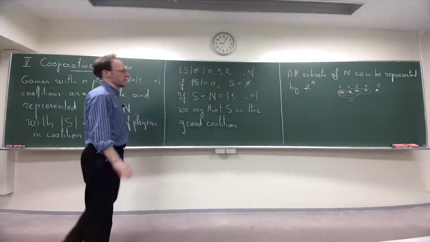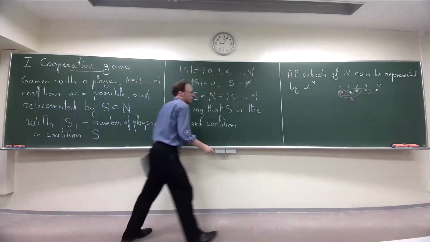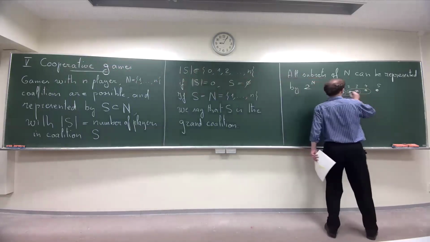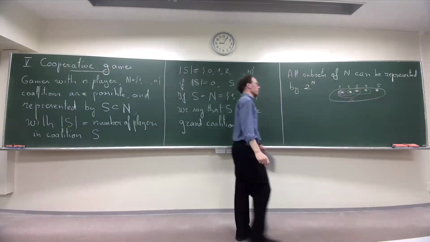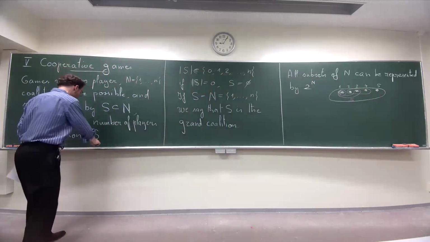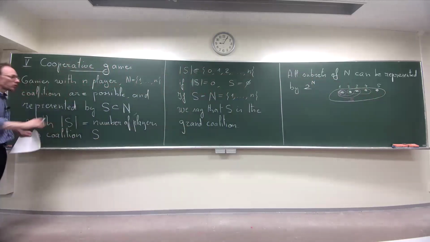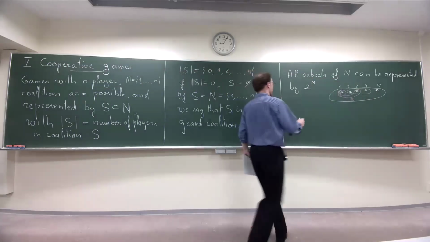For now, I'm not claiming that they are disjoint. Or we can have a subset with everybody. This is also a possible subset. This is the grand coalition. So it means we can represent groups of players by subsets of these n players.